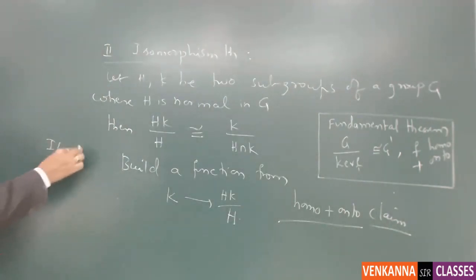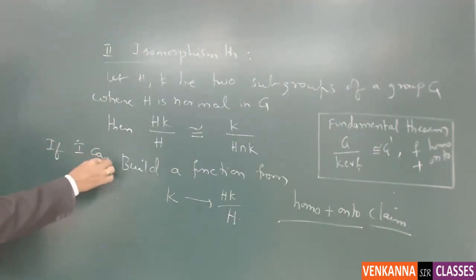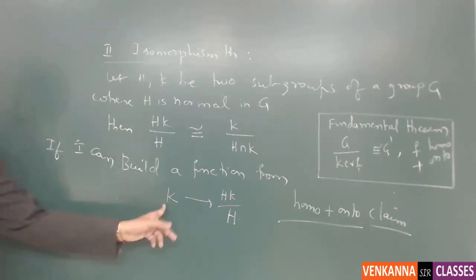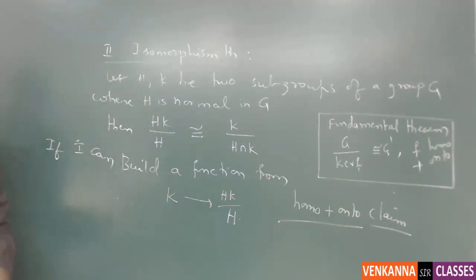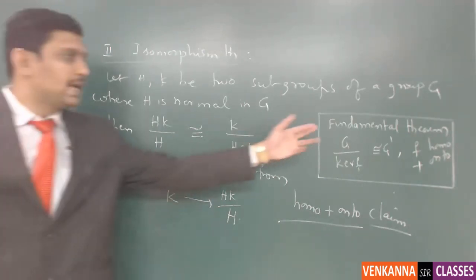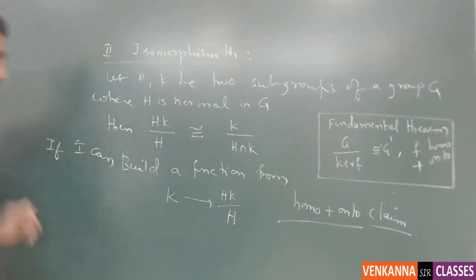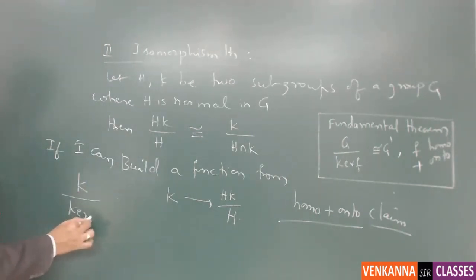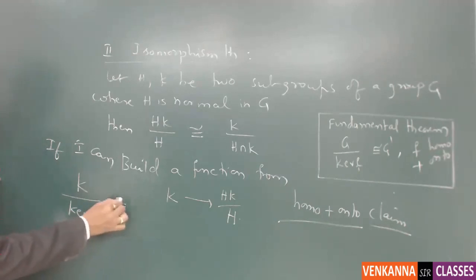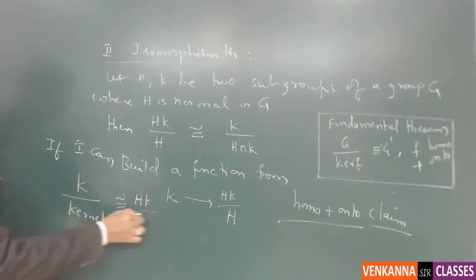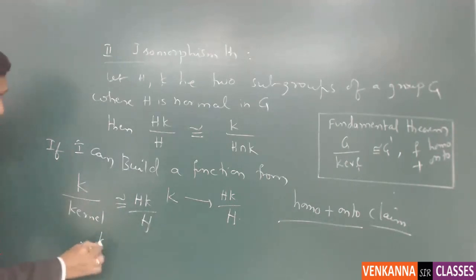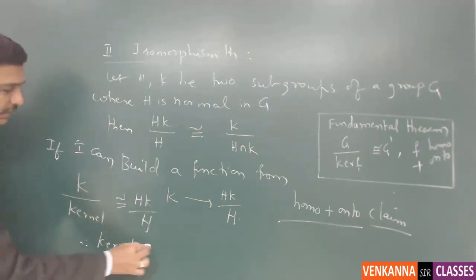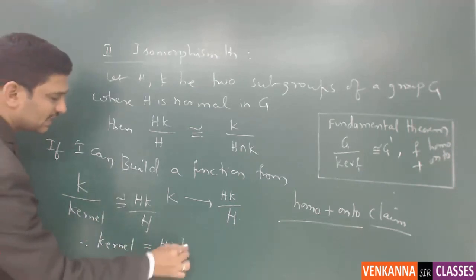If I can build a function from K to HK by H which is a homomorphism and onto, then as per the fundamental theorem, K by kernel is isomorphic to HK by H. So the kernel here equals H intersection K.